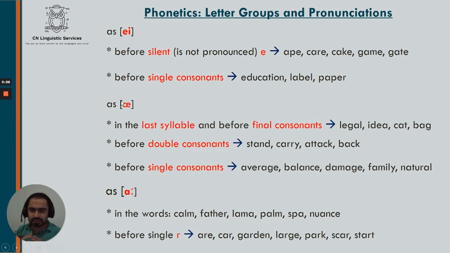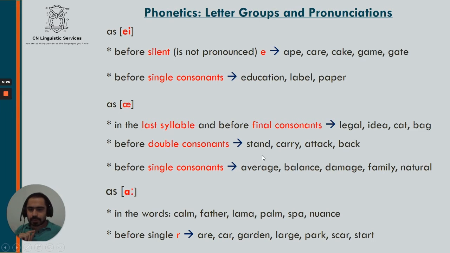The second pronunciation on this page is, like on the first page, similar to the sound A. It applies in the last syllable of the word, like idea, and also before final consonants in words like legal, cat, bag.